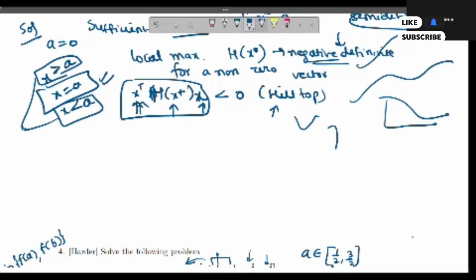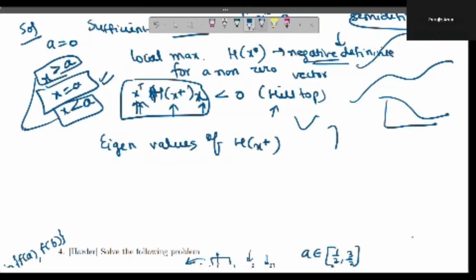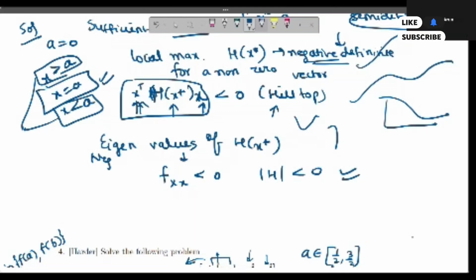Or you could have checked all the eigenvalues of your Hessian matrix. Because the function is not given, how to check? You can just give the hint that if your double derivative of f is less than 0 and your determinant is less than 0, then also you'll get the negative eigenvalues.